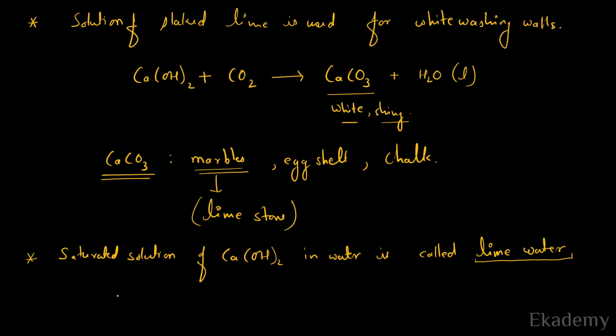Now, why am I telling you about lime water? It is used to test carbon dioxide gas. For example, you take lime water in a test tube, and if you want to confirm that the gas evolving from a given reaction is carbon dioxide, then we will pass that gas through lime water.